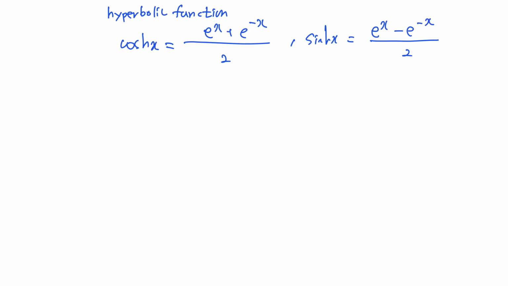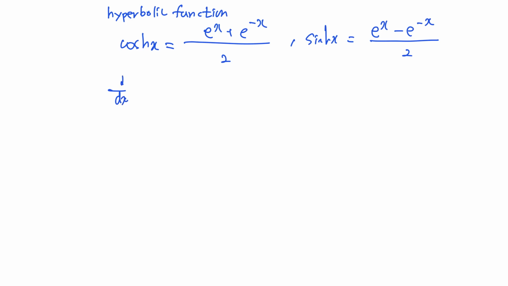Cosine hyperbolic x is exponential x plus exponential minus x over 2, and sine hyperbolic x is exponential x minus exponential minus x over 2.